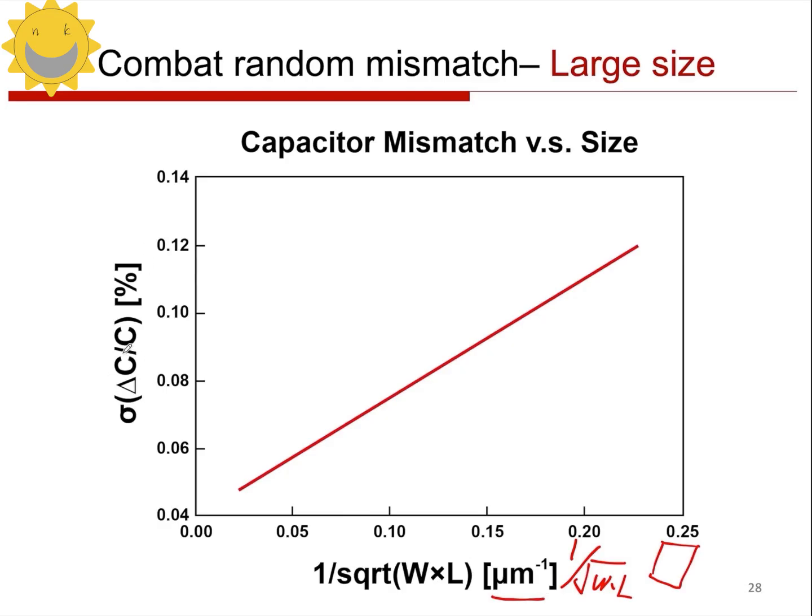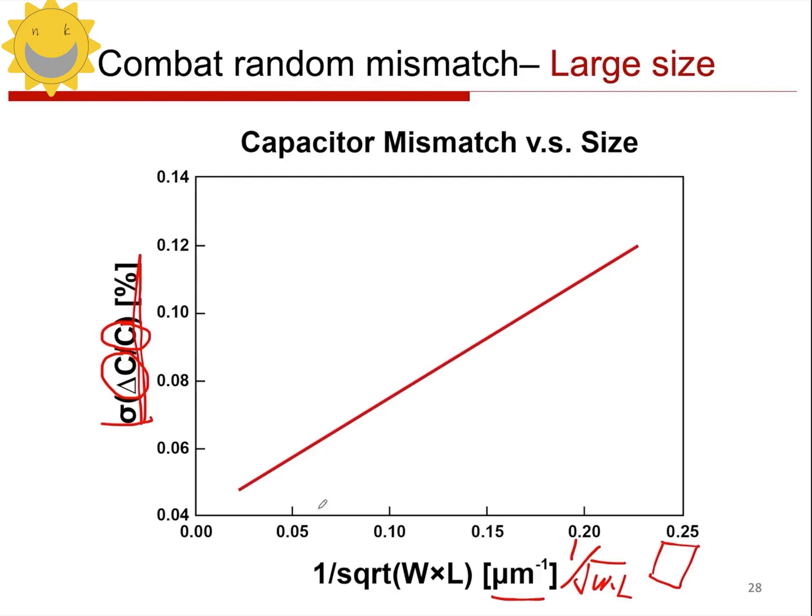Now let's take a look at the vertical axis. The vertical axis represents the standard deviation of the capacitance mismatch as a percentage of the average capacitance, right? The smaller the standard deviation, the better the matching. This is basically a linear relationship.